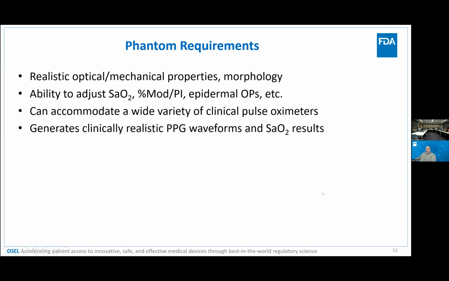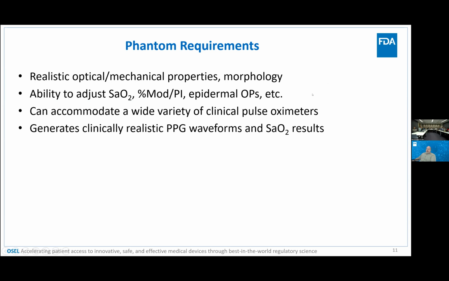So some of the requirements for the phantoms that we want to develop: we want realistic optical and mechanical properties, as well as morphology, although it's certainly a question how we balance the desire to make a phantom biomimetic versus making it simple and realistic to construct in a uniform, reliable, repeatable way.